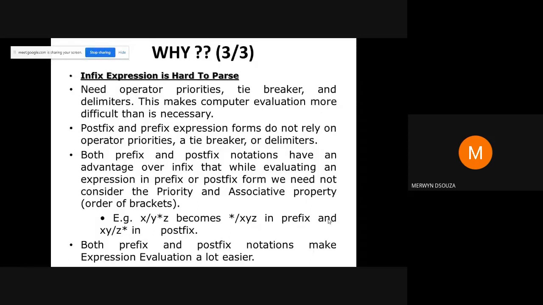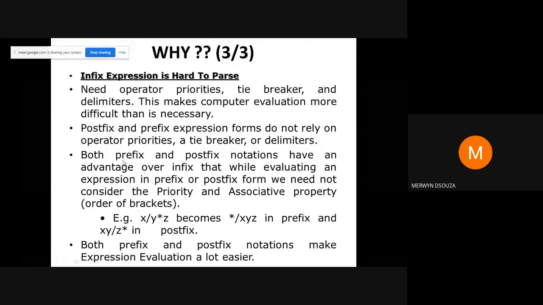Have you managed to read all the points? Especially read this third point.